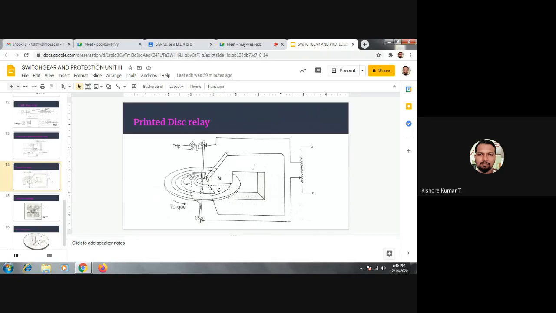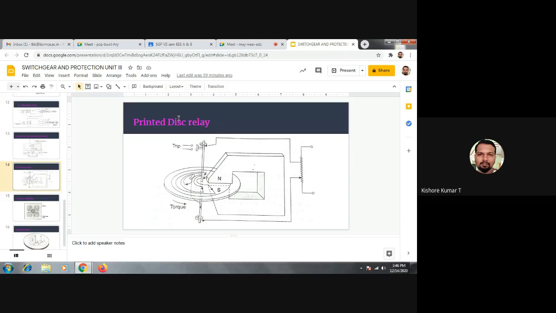So to avoid that, after the fault the disk must rotate in anti-clockwise direction, by which this moving contact will move away from the trip coil circuit contacts, and the trip coil circuit contacts will become open again, by which the trip coil will get de-energized.